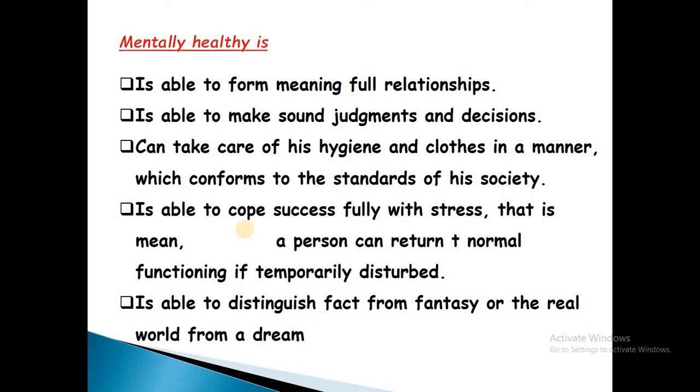Also, he is able to make sound judgments and decisions. A mentally healthy person can take care of his hygiene and clothes in a manner which conforms to the standards of his society.